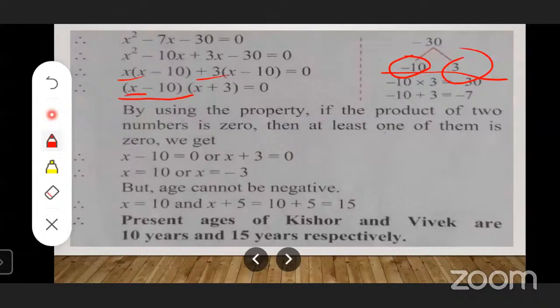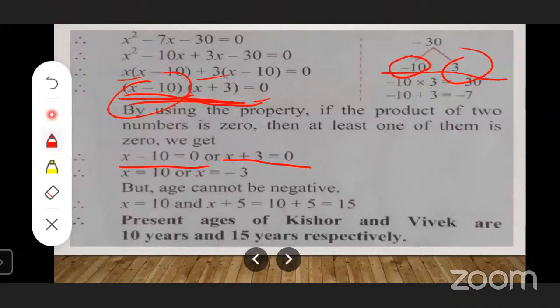If the product of two numbers is 0, then at least one of them is 0. So you can take either x minus 10 is equal to 0 or x plus 3 is equal to 0, right? So what will be our next step?